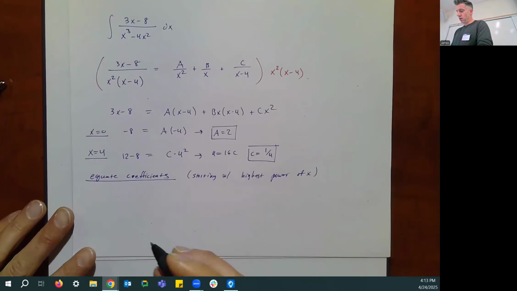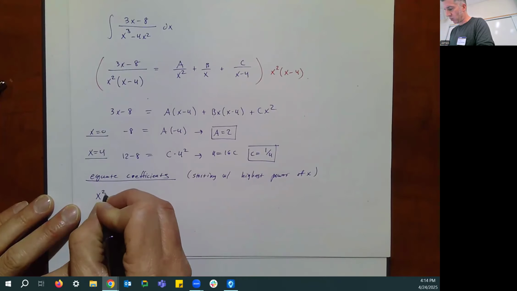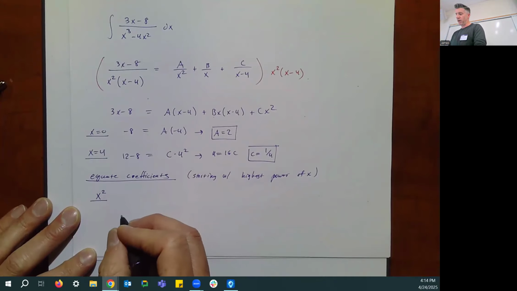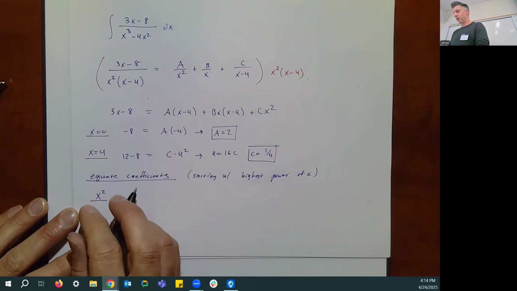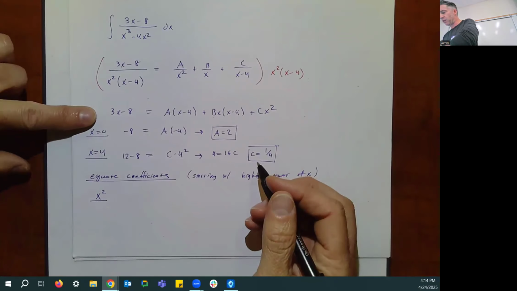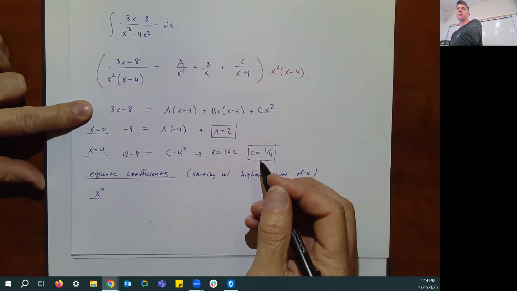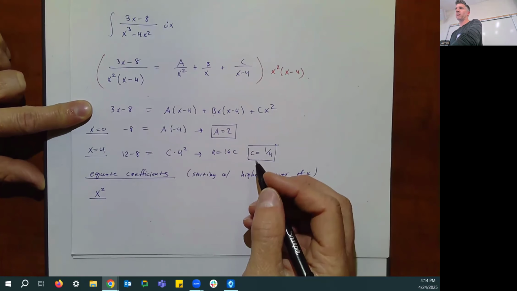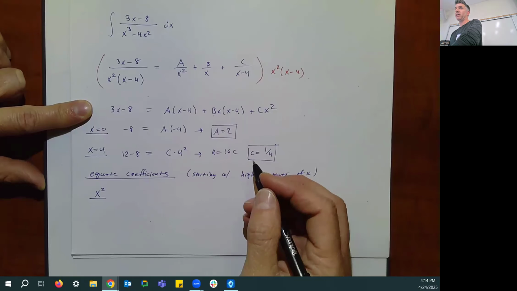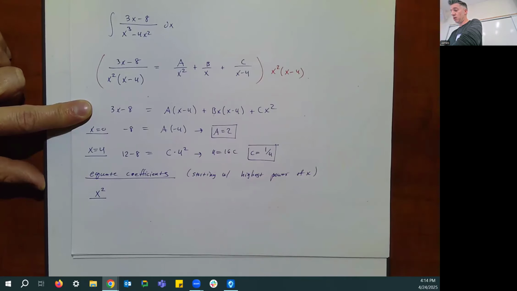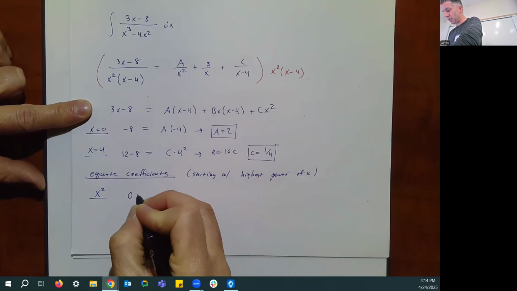So if we look at x squared, this is going to sound kind of like a dumb question, but go with it. On the left-hand side, what's the coefficient of x squared? Is there any x squared? So if there's no x squared, its coefficient is 0.